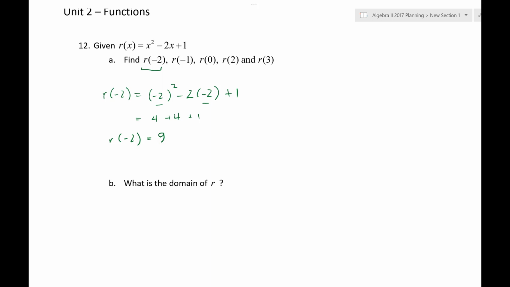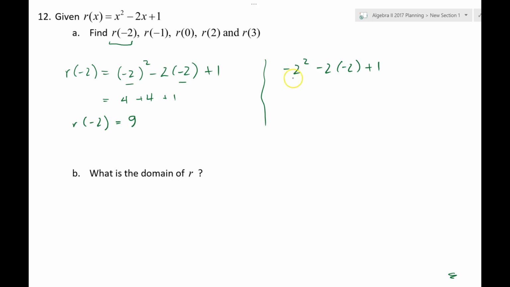One thing I'll point out here is sometimes students will write the equation like this: -2 squared minus 2 times -2 plus 1. And there's a subtle difference here. Notice how I wrote it with no parentheses. This is important because if you put this on a calculator, this -2 squared, you'll actually get -4, because remember, the squared only applies to what it's immediately touching.